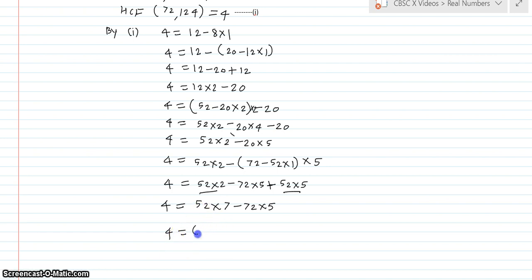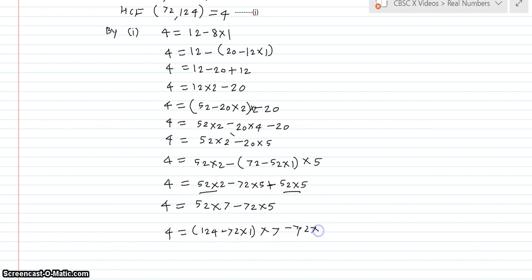So we can write 52 as 124 minus 72 into 1, into 7, this 72 is as it is. Now in place of 52 we have written 124 minus 72 into 1 using the above equation, into 7 minus 72 into 5.